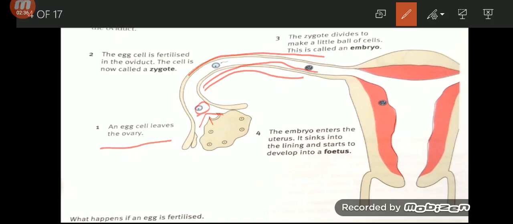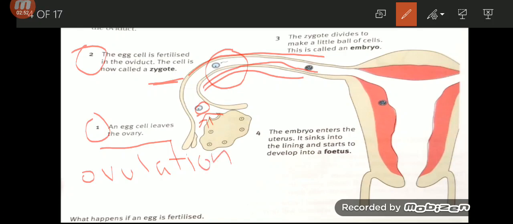Inside the oviduct, the egg cell and the sperm cell fuse together and form a zygote. Number one, the egg cell leaves the ovary. One egg cell leaves the ovary every month. This process is called ovulation.